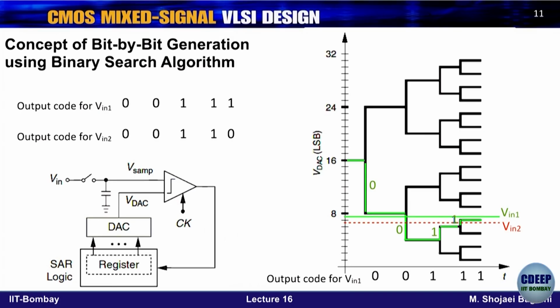Specifically, we also have a logic circuit here, because the logic circuit is responsible for controlling the speeds and generating the code for the DAC, depending on the output of the comparator. So for example, here, when the output of the comparator was 0, it had to make the first bit 0, latch it in the register, then give the next code for the DAC to be Vref upon 4 rather than 3 Vref upon 4.